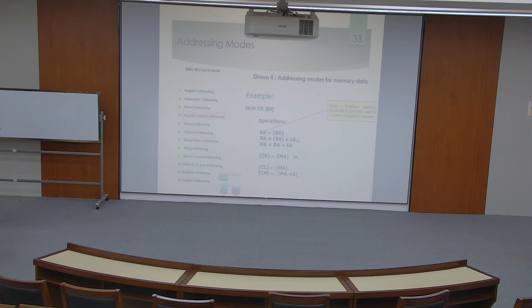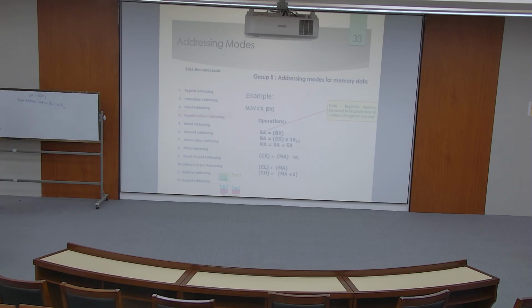The effective address is given by the content of BX, and the base address, BA, is given by the content in the data segment shifted 4 bits to the left.